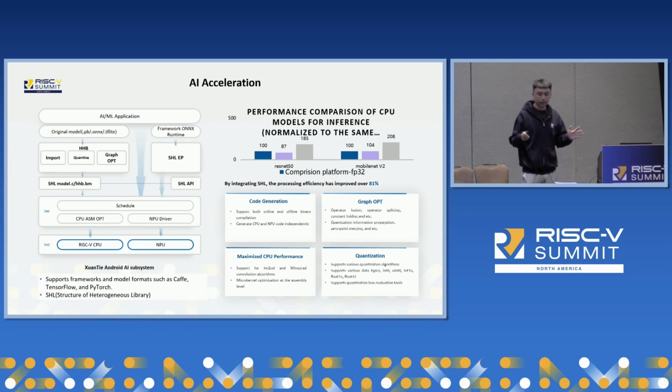Yeah, by integrating the SHL, the processing efficiency has improved by over 81%. And we conclude that the SHL contains code generation optimization and graph optimization, and we also maximize the CPU performance usage. And the last one, as I have mentioned, is quantization, and it helps us to make the productization, yeah.